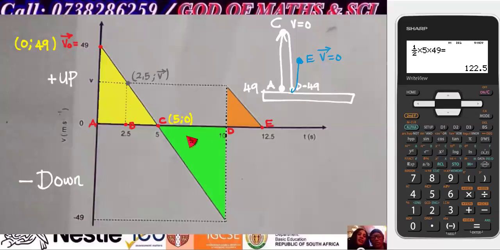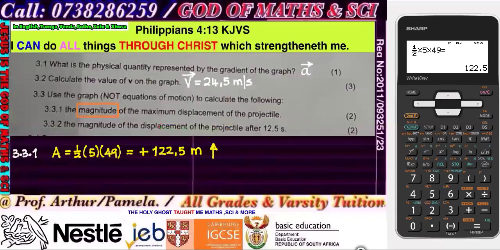Let's work out the area of the green. All right, so I'm going to write that as 3.3.2. Since I'm dealing with the area of the green section, I'm also going to take the liberty to use a green color for that one so that we can identify.